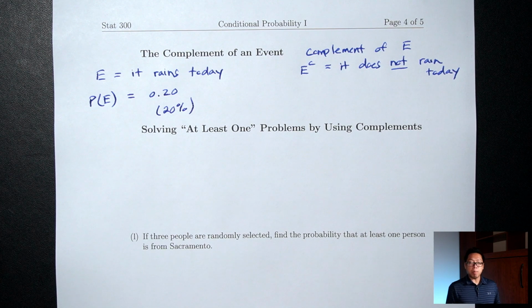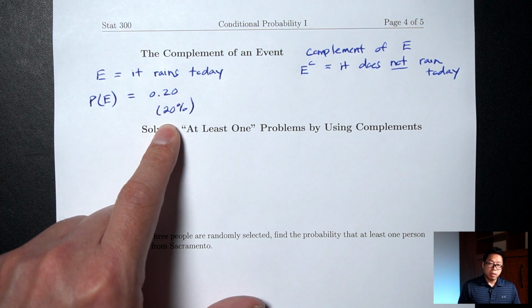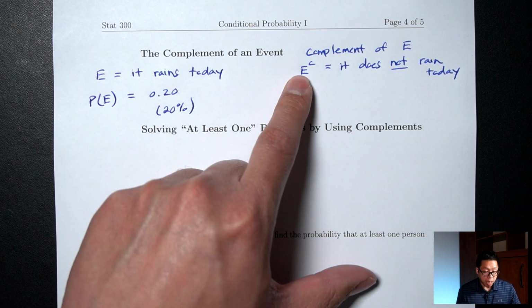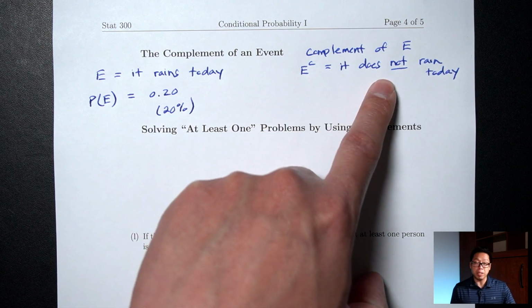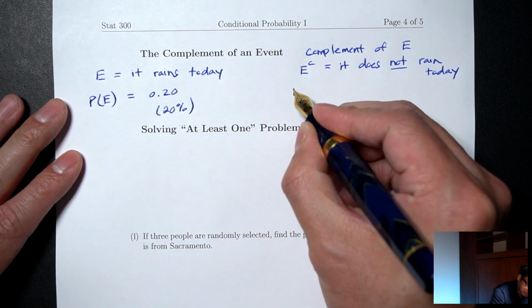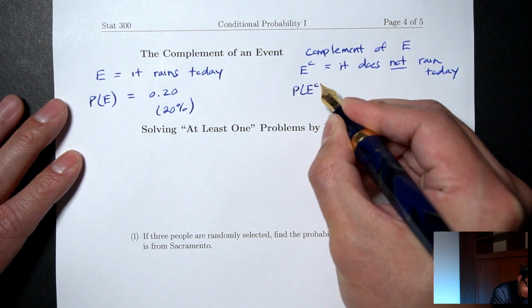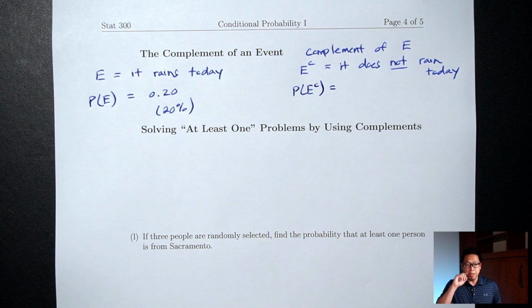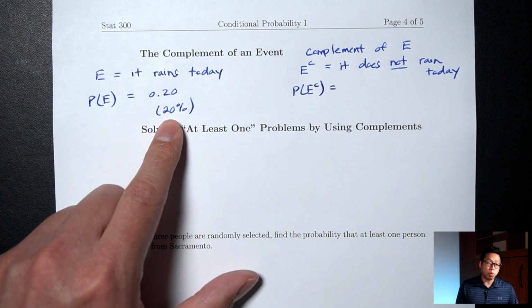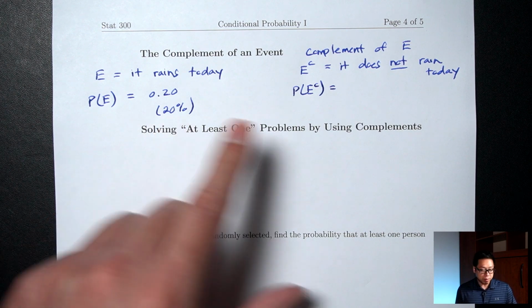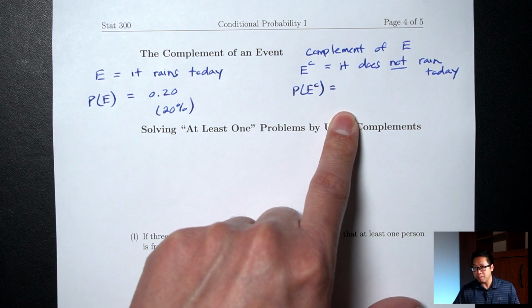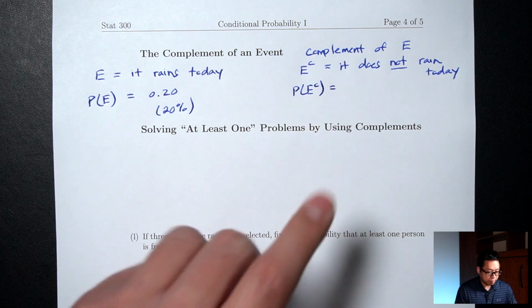What's the probability of the complement? What's the probability that it does not rain today? If the probability of it raining today is 20%, the probability of it not raining is the rest of the percent, which is 80%.